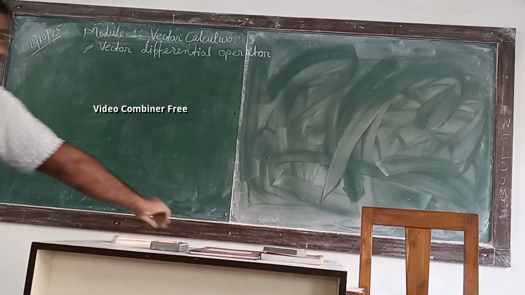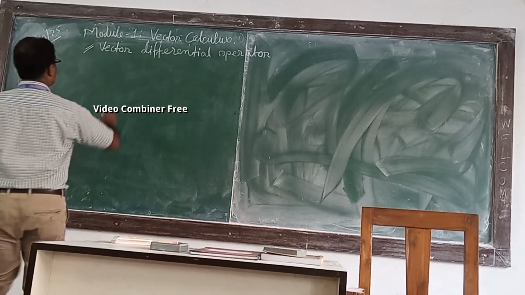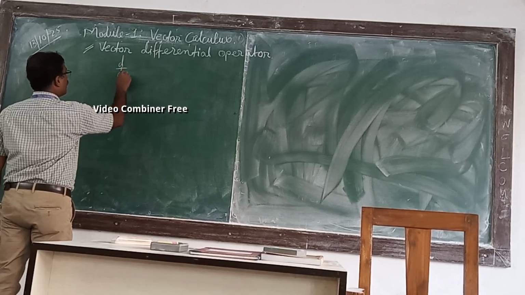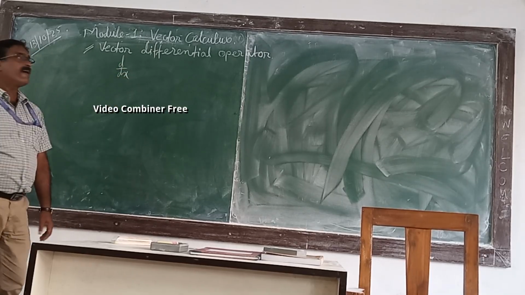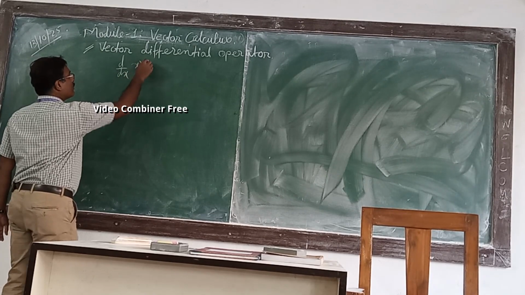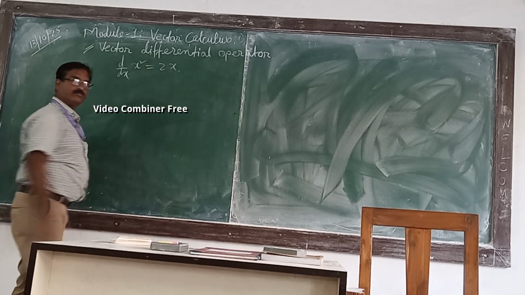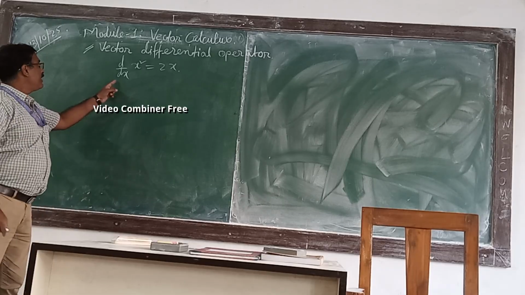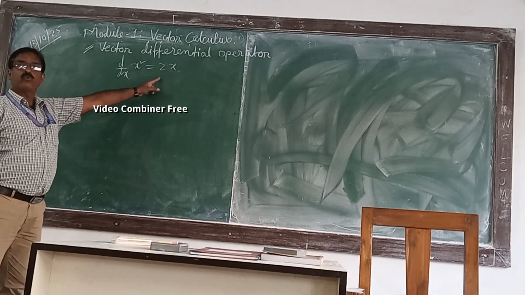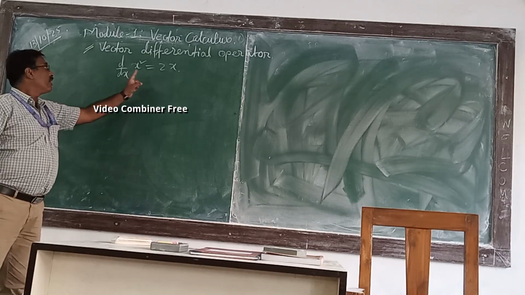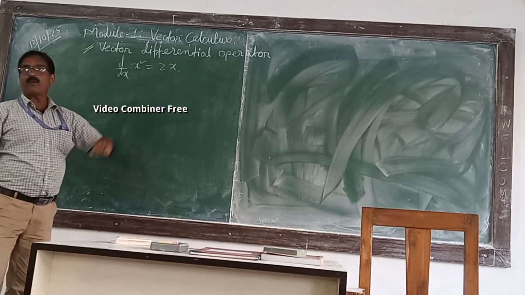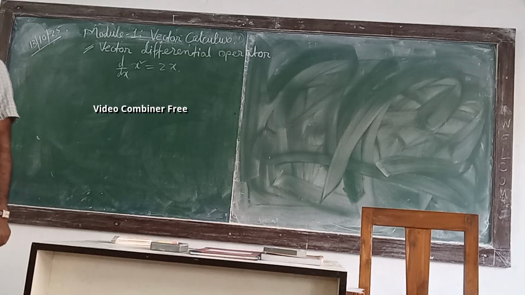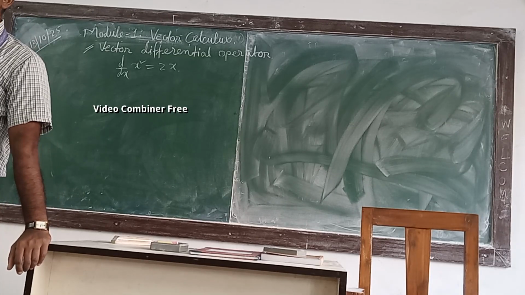See, d/dx is an operator. Why? When d/dx operates on x square, we get 2x. Is x square and 2x the same function?